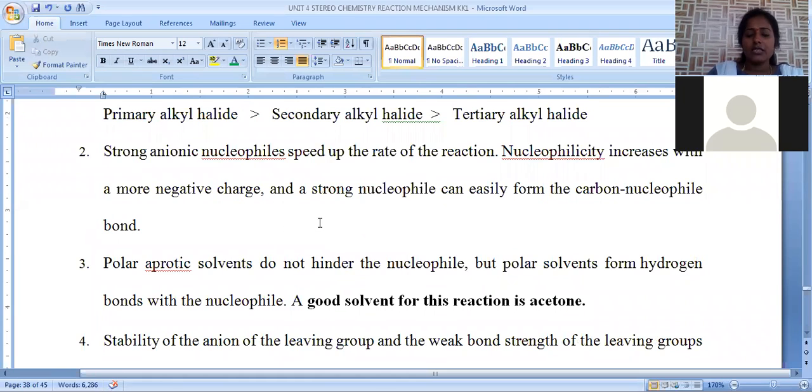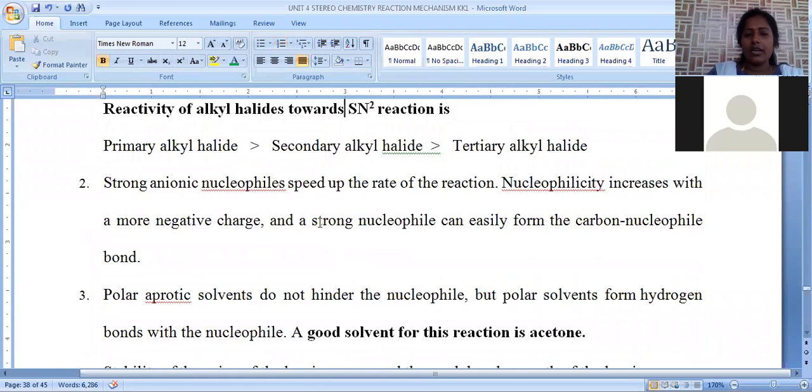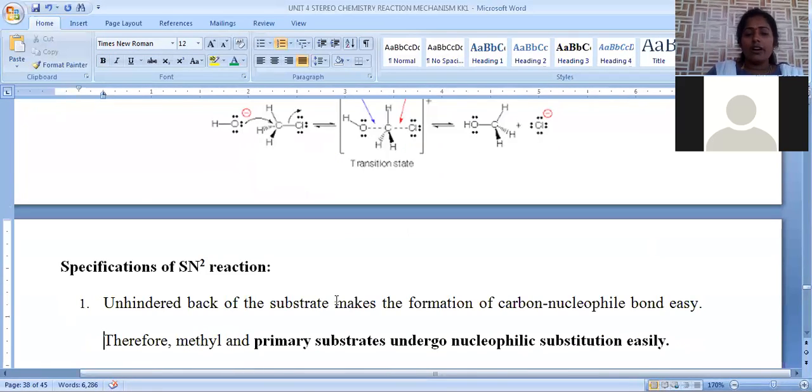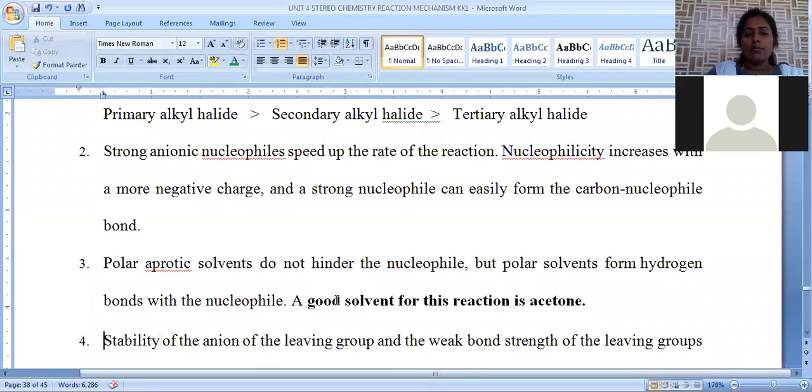Let us go back to this SN2 reaction. In this SN2 reaction, the total mechanism proceeds through a non-ionic pathway. So in the transition state, there is no ion formation. That's the reason why the solvent required for the SN2 mechanism is non-polar. An aprotic solvent is required.